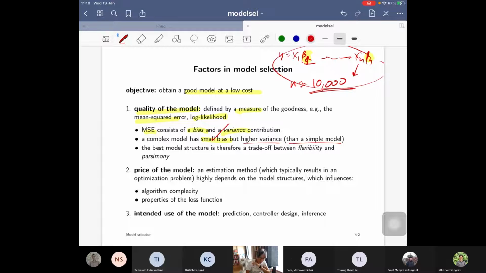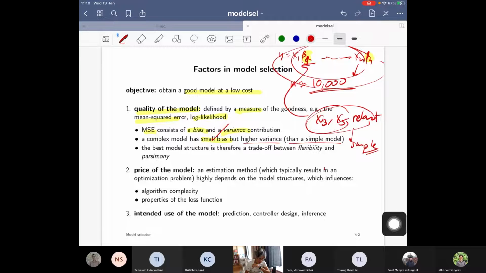In comparison to another model, if you can come up with a reasoning that only maybe X3 and X5 are relevant, and it can perform as well as the full model that uses 10,000 predictors, then this is a simpler model. Of course, it's going to have a higher bias, but on the other hand, it has a lower variance. So it's a trade-off that we will discuss further.